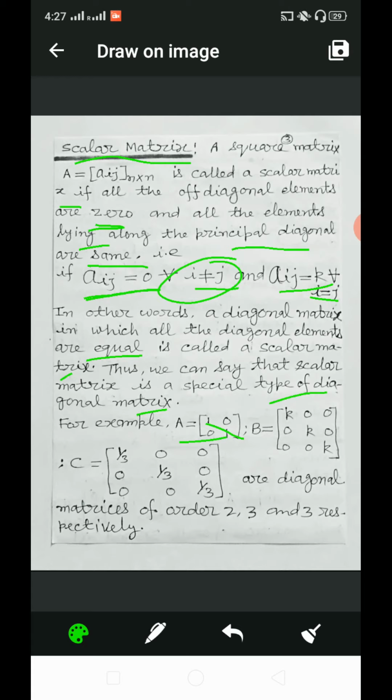And square matrix B equal to k, 0, 0, 0, k, 0, 0, 0, k. Here also the principal diagonal elements are k, that is the same, and off diagonal elements are 0. Similarly, square matrix C is equal to 1 by 3, 0, 0, 0, 1 by 3, 0, 0, 0, 1 by 3.